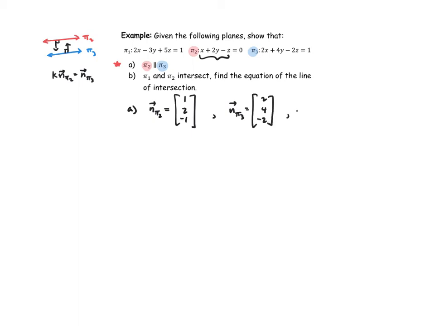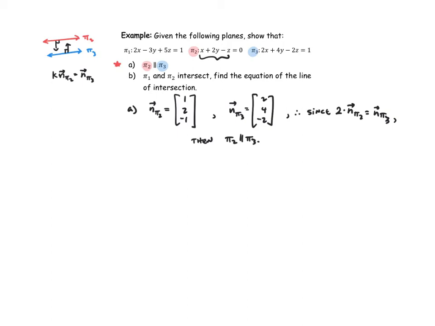Therefore, since it looks like 2 times the normal of pi 2 is equal to the normal of pi 3, then we know that pi 2 is parallel to pi 3. Okay, pretty easy there once we know kind of that niche, right? How to find the normal direction vector based on the Cartesian equation of a plane.